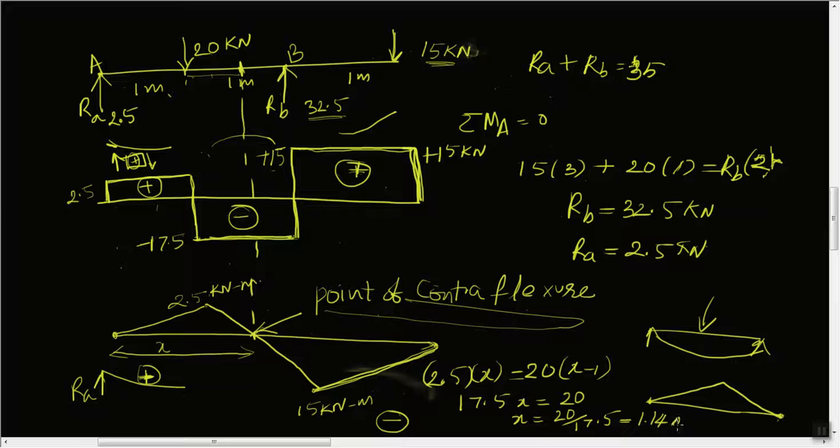So this distance from here to the point of contraflexure is 1.14 meters. This is also a generally asked question in both GATE and IES exams.